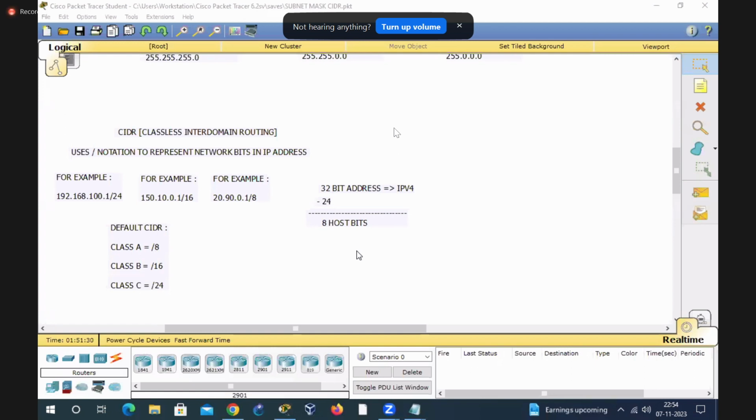For class C, range is 192 to 223: 192.0.0.0 to 192.167.255.255, and another one is 192.169.0.0 to 223.255.255.255. For class D, range is 224 to 239.